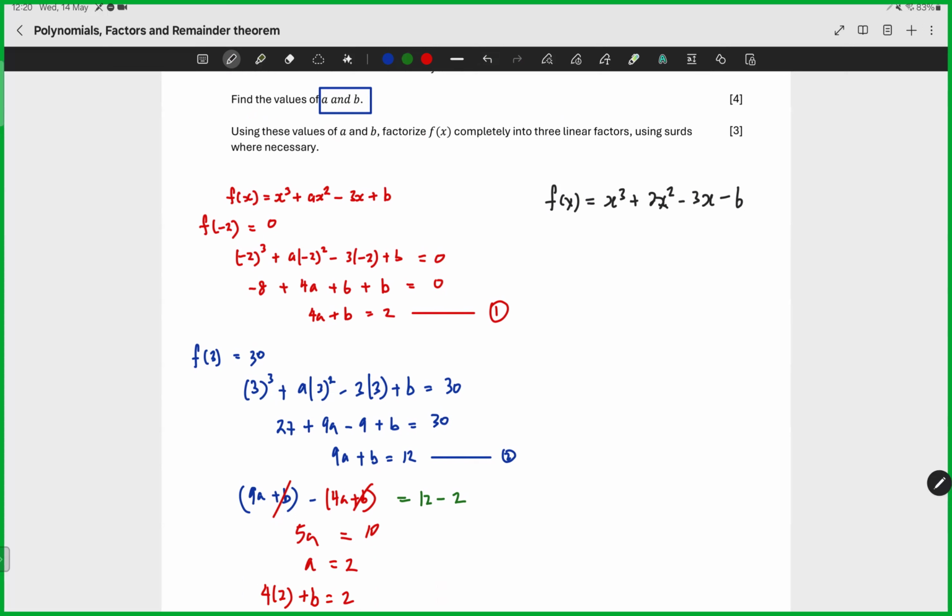You'll notice that they said something like factorize completely into 3 linear factors using surds where necessary. If they add a statement like this, it is more likely than not going to have surds in our answer.